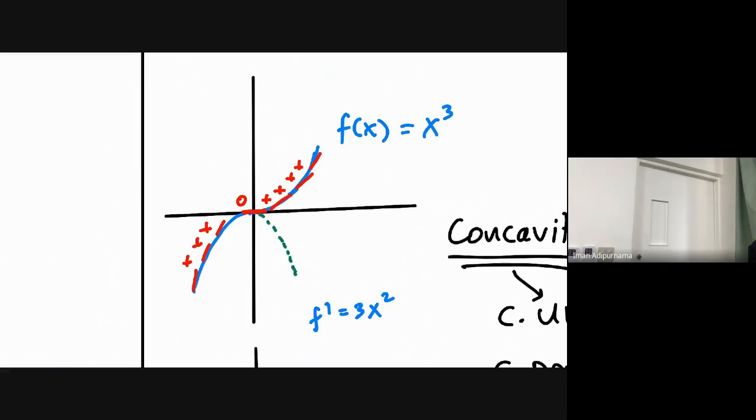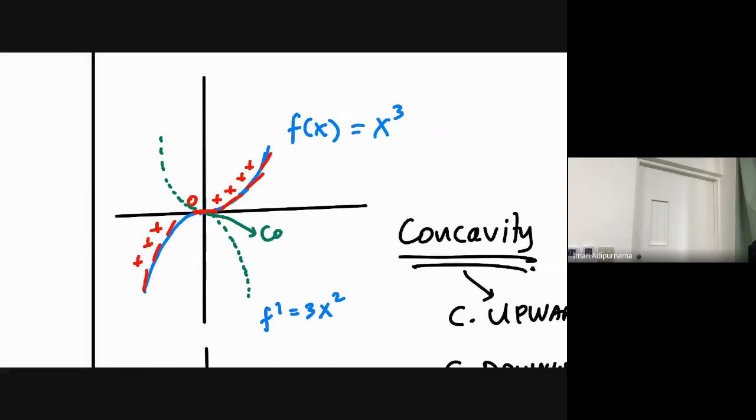If you see the whole picture, it's actually half of each. We say this part is downwards, and after the 0, it's going upwards. So at this 0 point, the concavity changes.